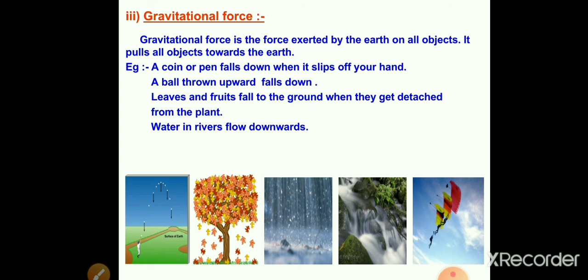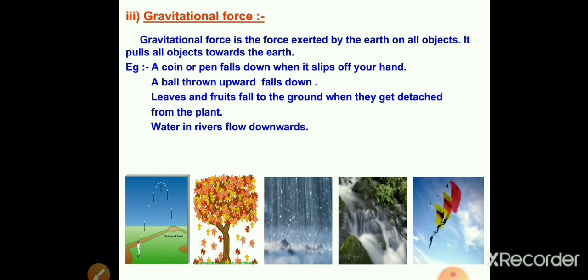In pictures you can see a coin or a pen falls down when it slips off your hand, or a ball thrown upward falls down, or leaves or fruits fall to the ground when they get detached from the plant. Water in rivers flows in a downward direction. All this is because of gravity, which is pulling the object towards the earth.